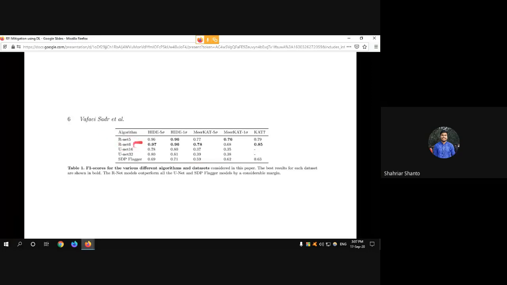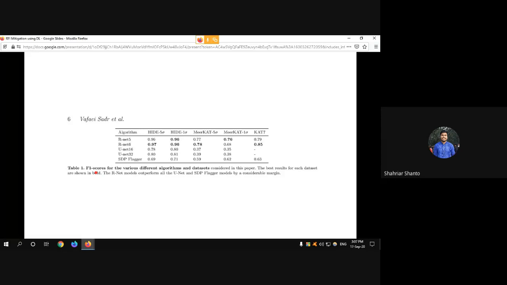So this lists the values of the F1 scores. The F1 score is a very good parameter to show whether there is a good balance of precision and recall.